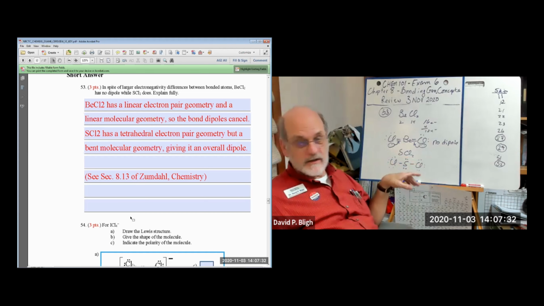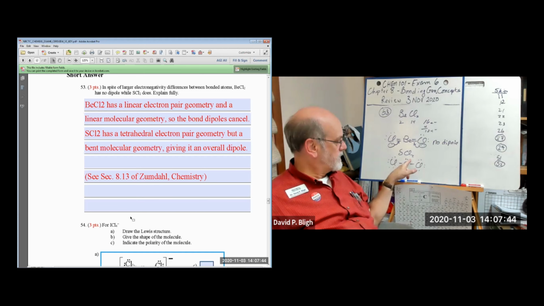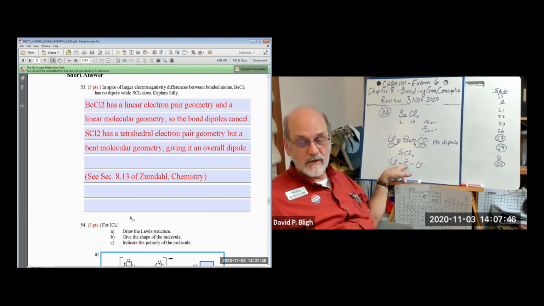Notice any similarities between this and water? If we change that to oxygen and that to hydrogen, we still have 2 lone pairs on the central atom, which means tetrahedral, but it's a bent molecular structure and a dipole moment toward the sulfur because of the lone pairs.